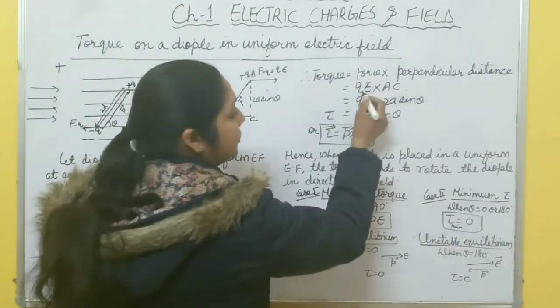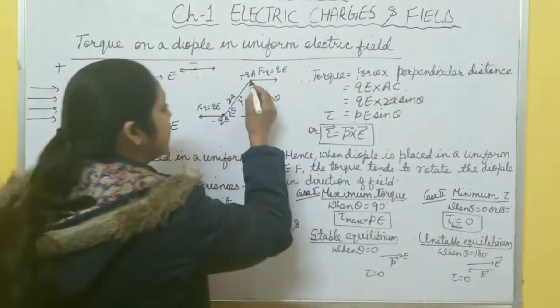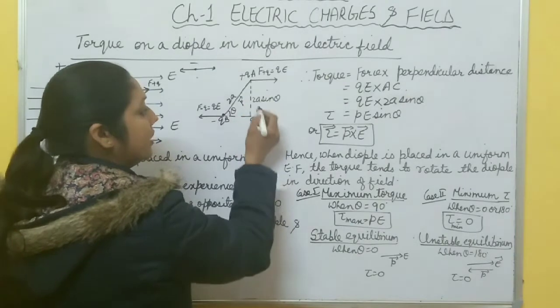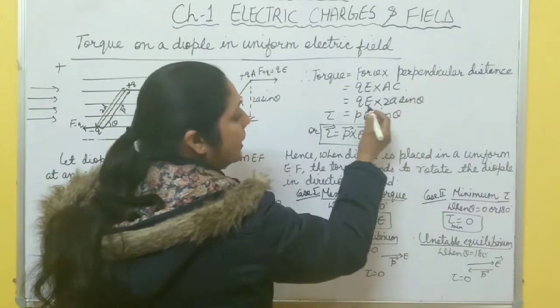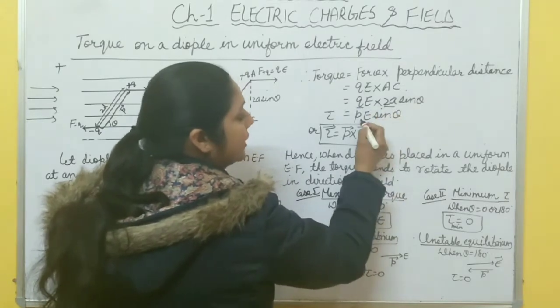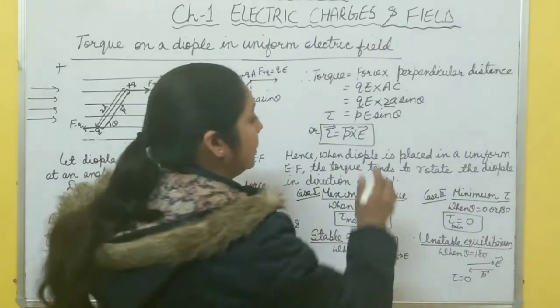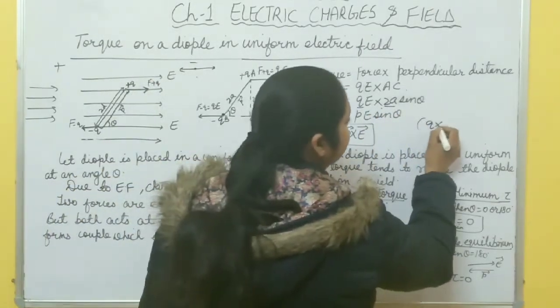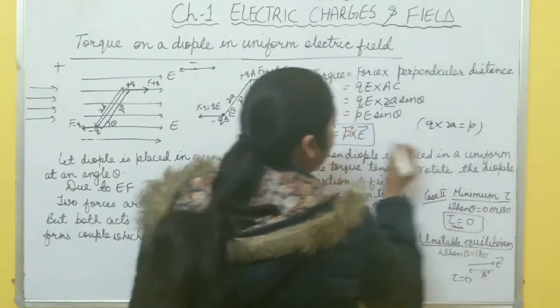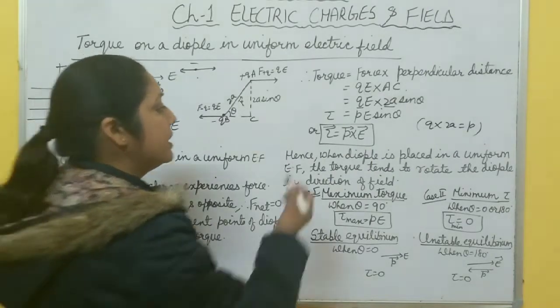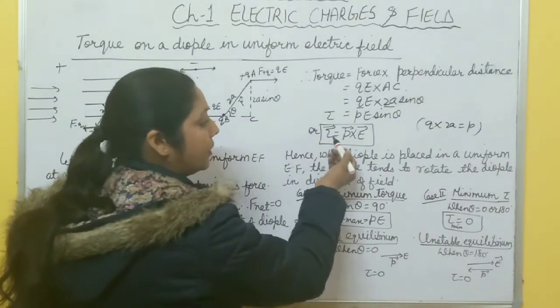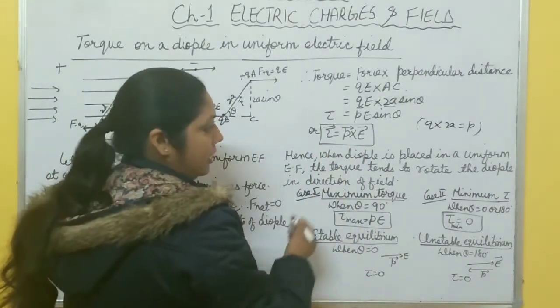So torque equals force, qE, times the perpendicular distance between the 2 forces, which is 2a sin theta. AC is 2a sin theta, and this q into 2a is what? p. q into 2a is the dipole moment p. So the formula becomes tau equal to pE sin theta, and if you write in vector form, torque equals p cross E.